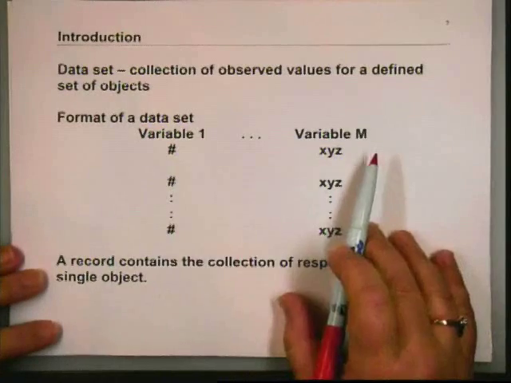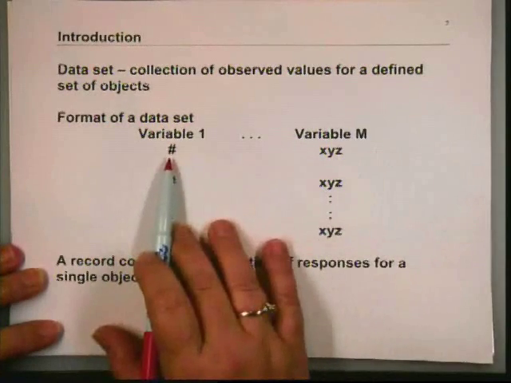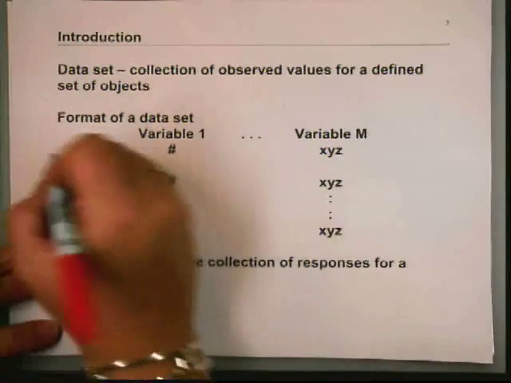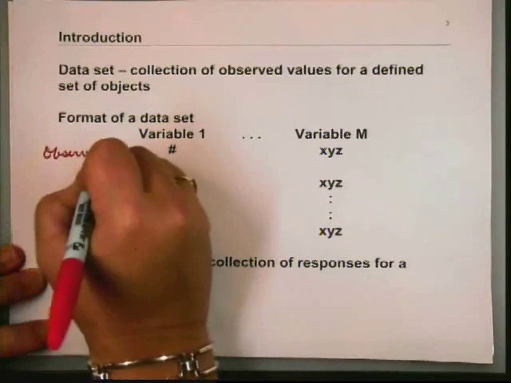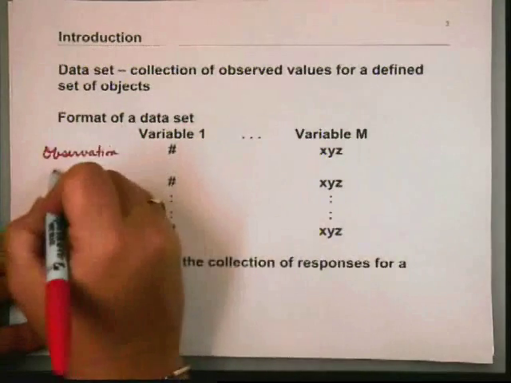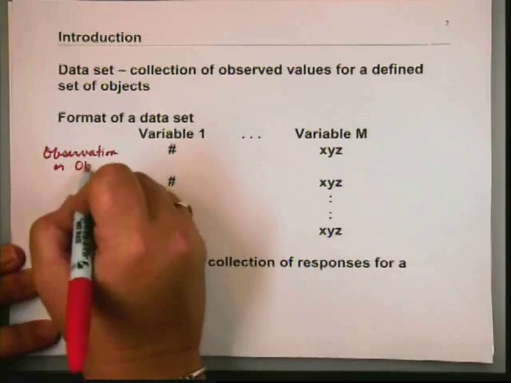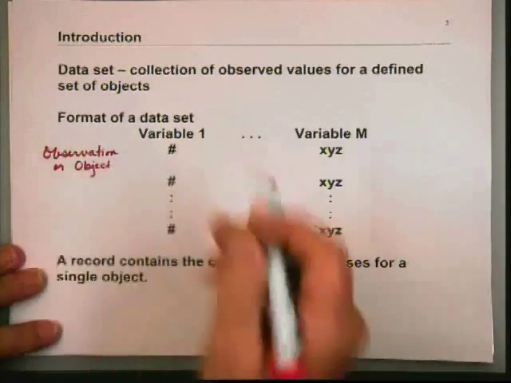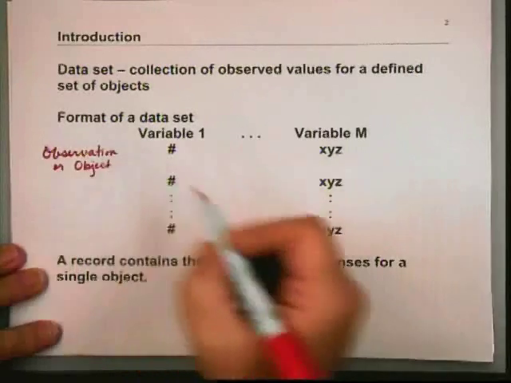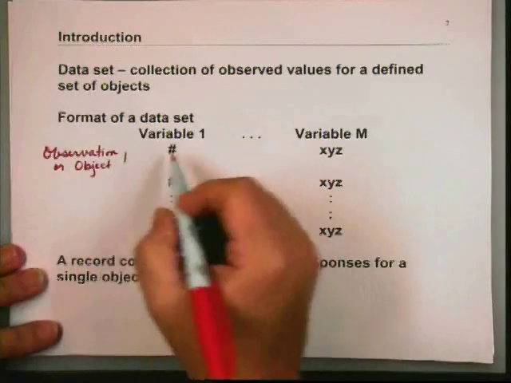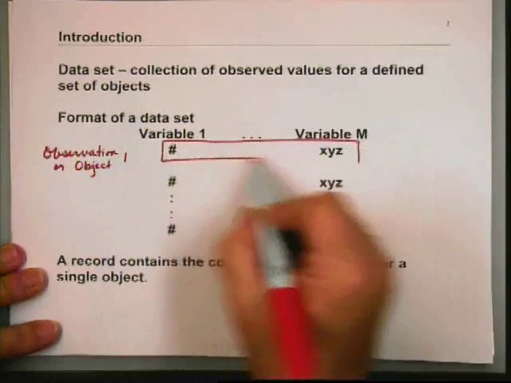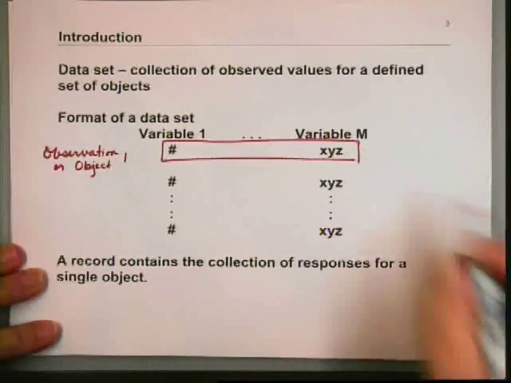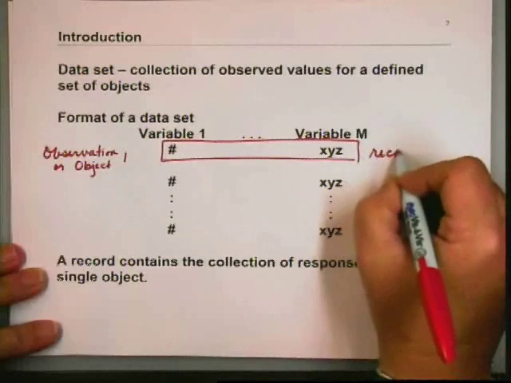Whenever we look at these, we could have an observation or object on which we're recording a measurement. We say that this is our observation 1 or object 1, and that we measure these capital M different things here, and this is referred to as a record.